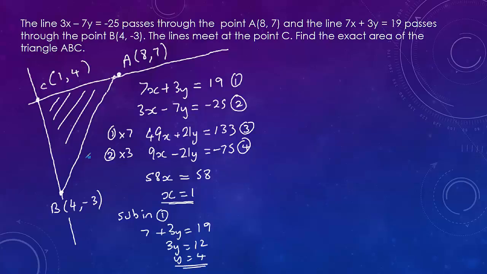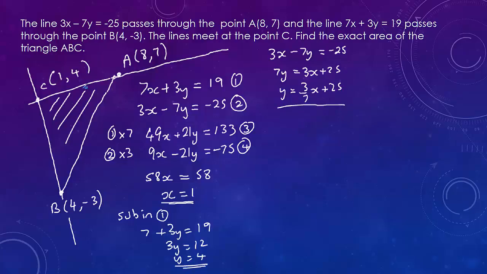So we have the 3 points, but of course we don't have a formula that helps us work out the area of a triangle just given 3 points. So there must be some other feature that's nice about this. Well, if we look at 3x take away 7y is negative 25, and we rearrange that, so 7y is going to be 3x plus 25, and then y is 3/7 x plus 25.